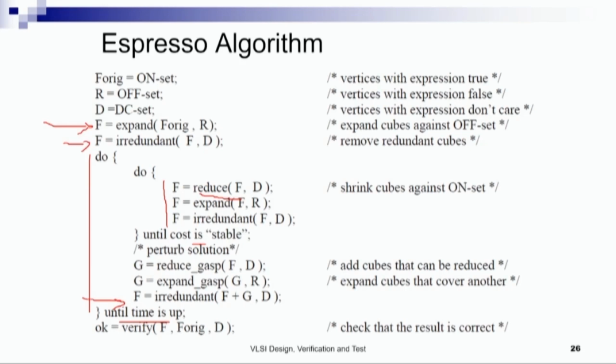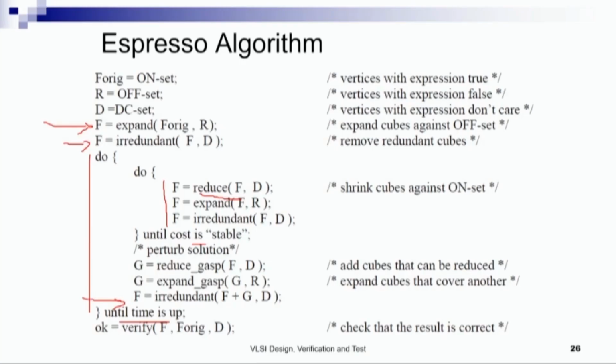So espresso is called an anytime solution because the algorithm can be stopped at any time and we will get a solution. The more time we give to the algorithm, the solution is expected to be better and better, but at any point in time if we stop, we will get a solution. Hence it's an anytime solution.